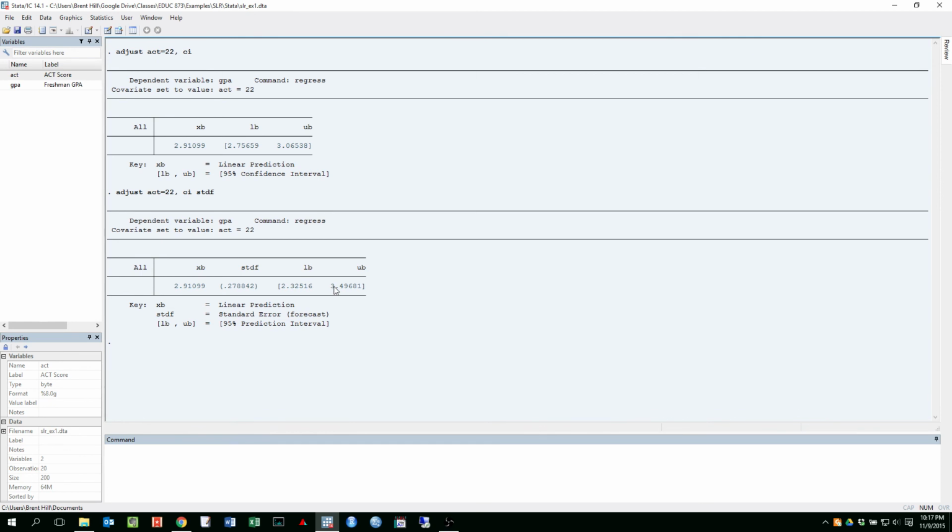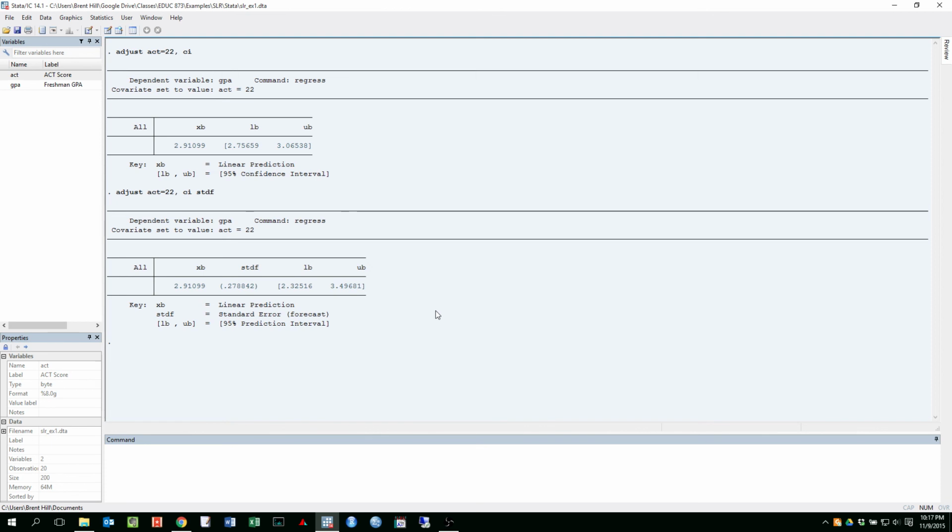So to interpret that one, we'd simply say that we're 95% confident that the next person to be sampled from the conditional distribution where ACT equals 22, that person's GPA would be within this interval. Again, that's the rough way of saying it.